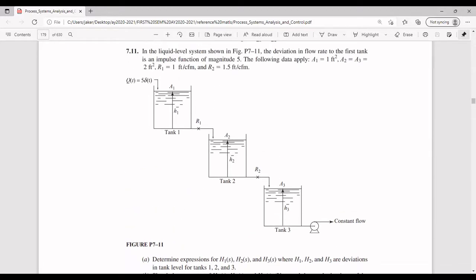Now, let me go to the board, okay? We'll just open the Jamboard for this.